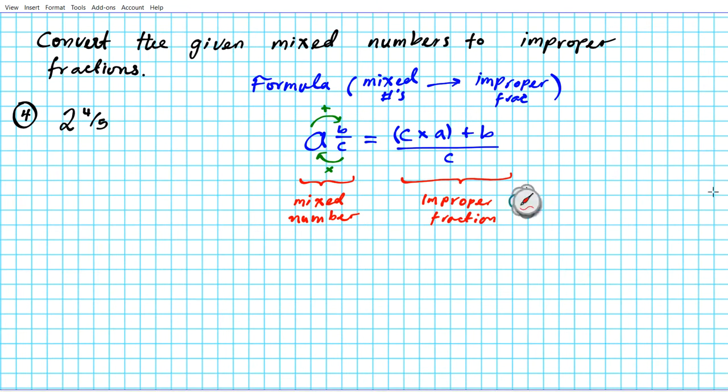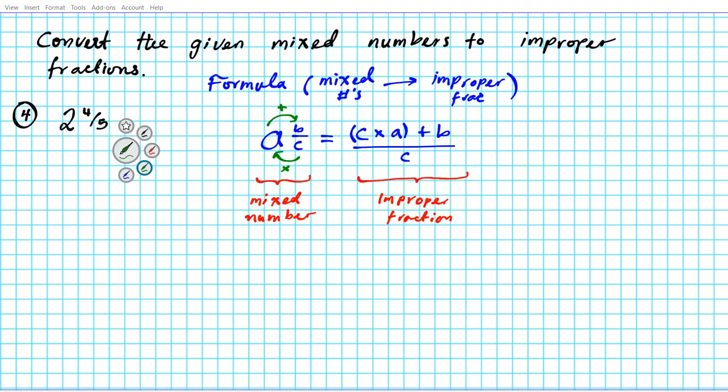Okay, so let's just put this whole thing in word form, just to help you think about it differently. So what is going on here is you have the original mixed number, which is just the quotient, and the fraction, the proper fraction, which is the remainder over the denominator.